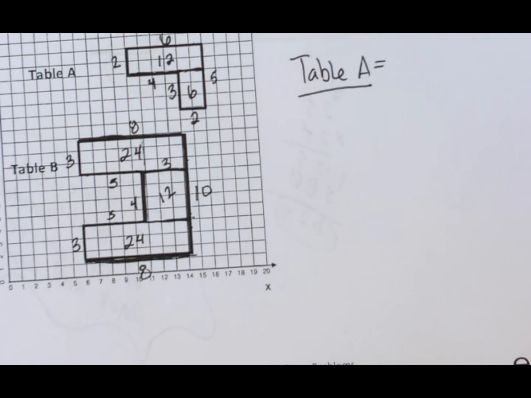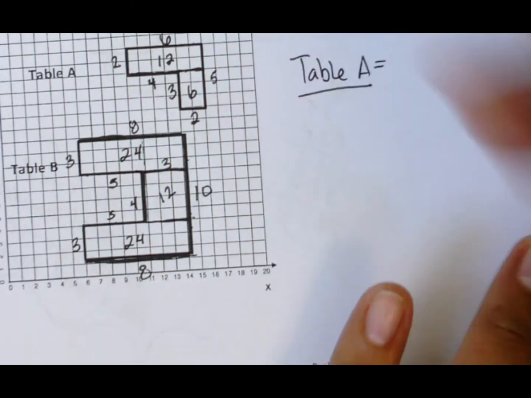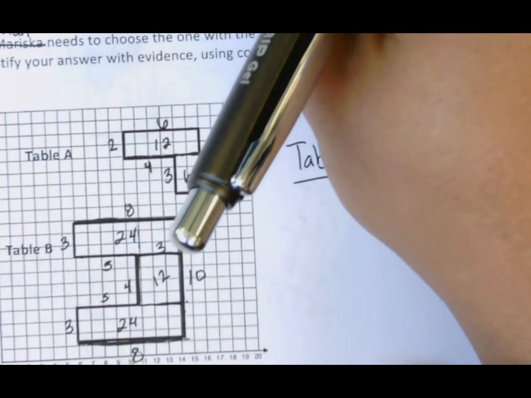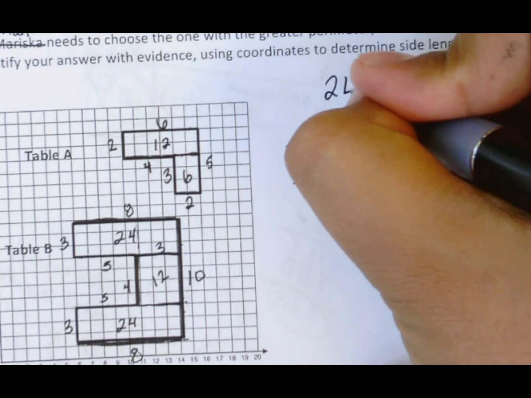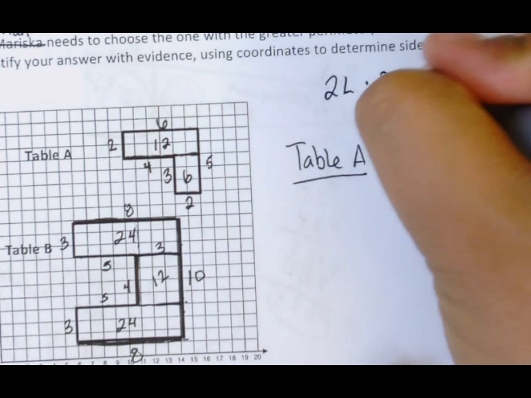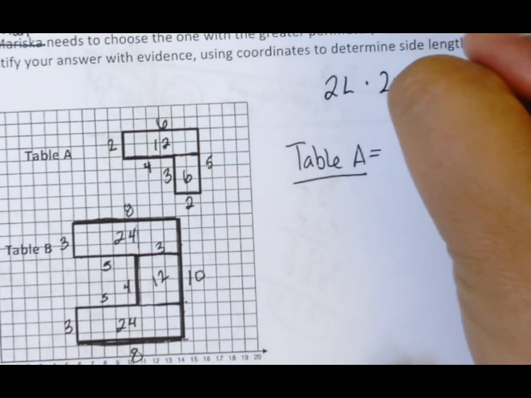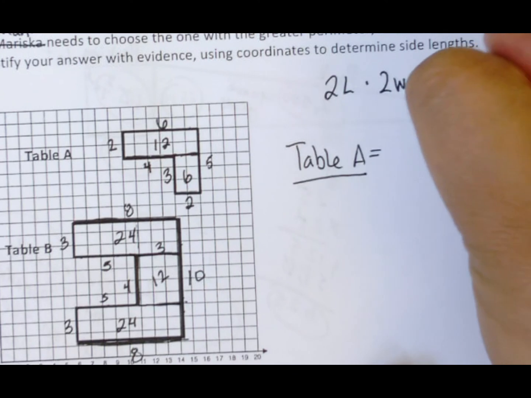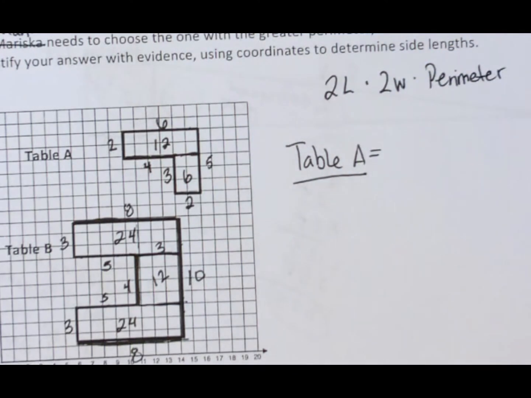How do you find the perimeter, ladies and gentlemen? Width times 2 plus length. Is that true? But we can't do that with this.